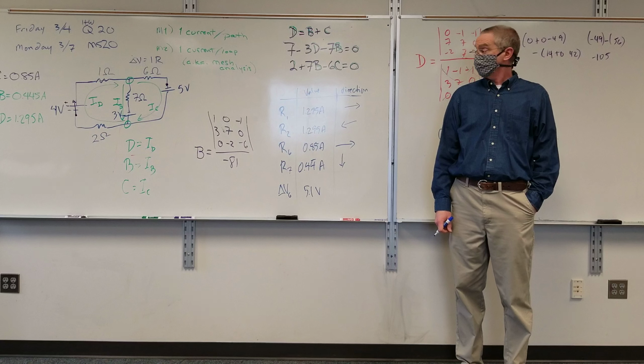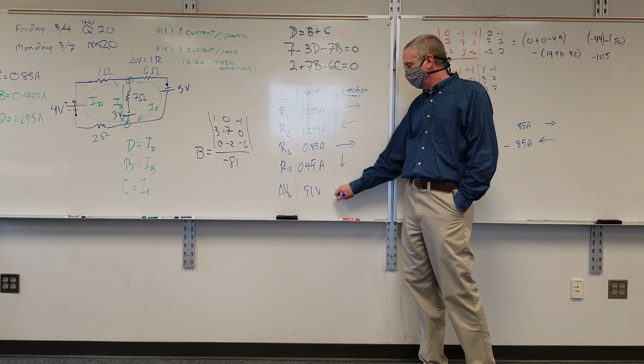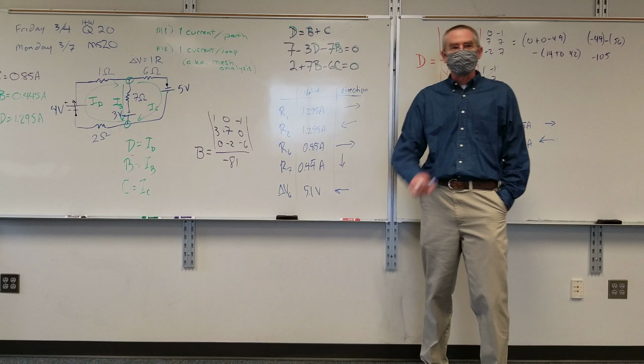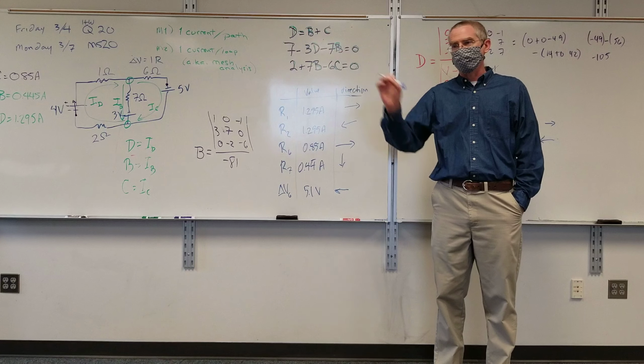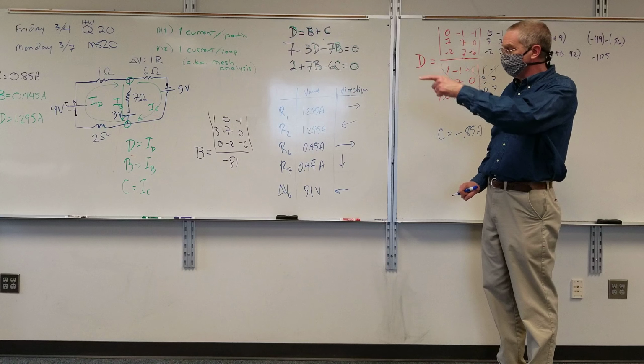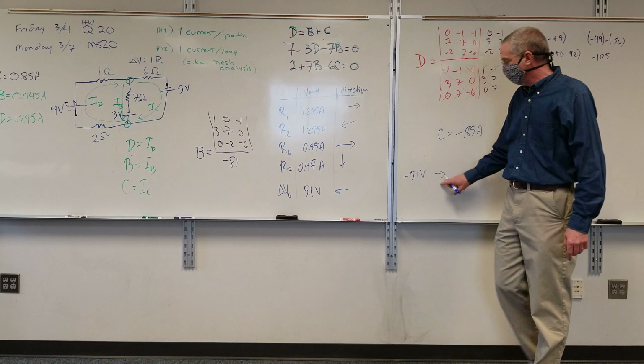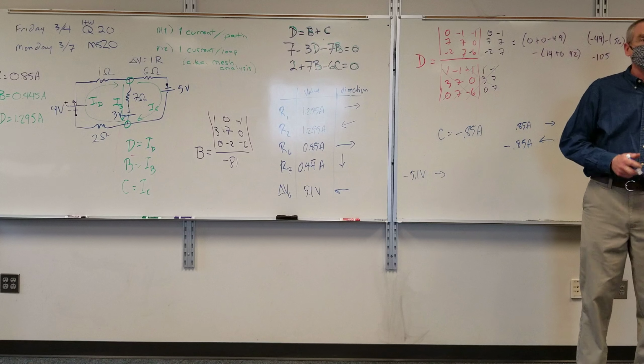First off, hint, it's left or right. It's the opposite direction of the current, isn't it? It's 5.1 volts if I'm going against the current. It's negative 5.1 if I'm going with the current. So we can write down 5.1 volts to the left or negative 5.1 volts in the same direction as the current, to the right.